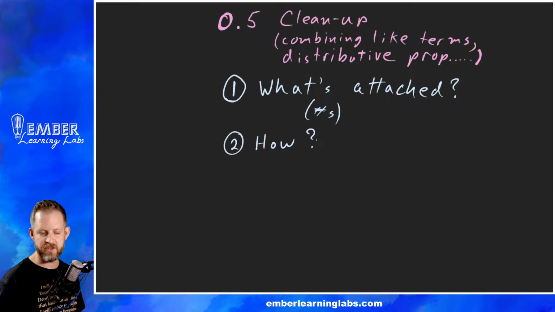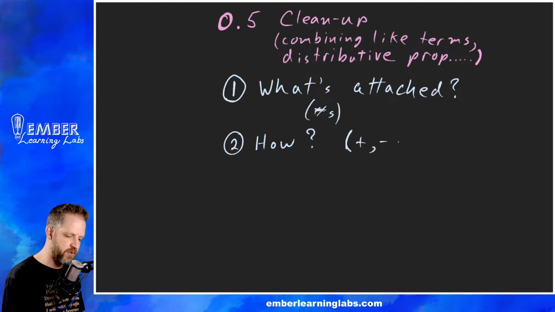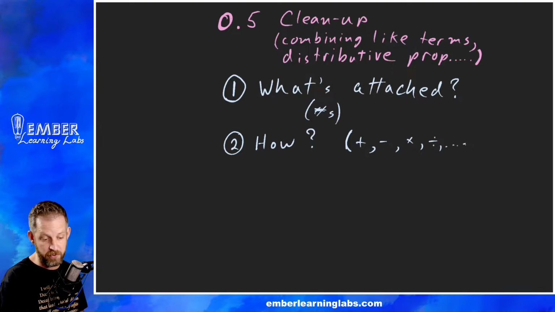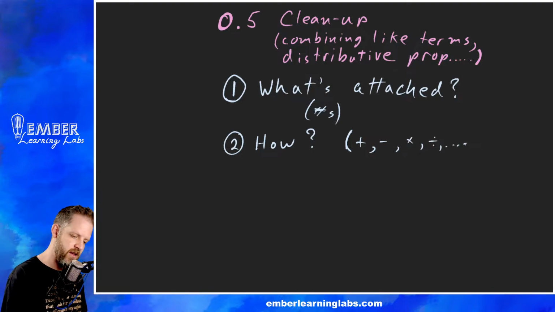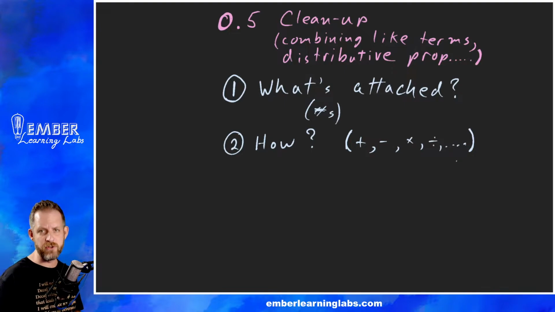We're talking about addition, subtraction, multiplication, division, potentially something else, but pretty much those are our main options. By main options, those are pretty much our only options 98.5% of the time or more, right?